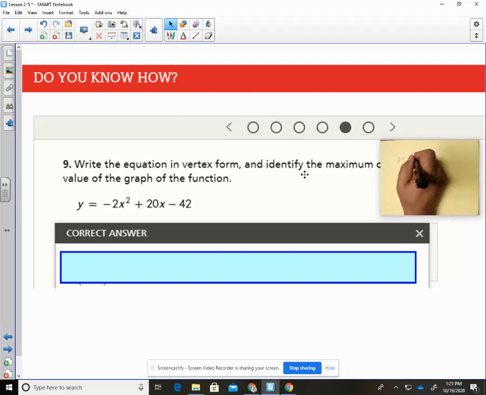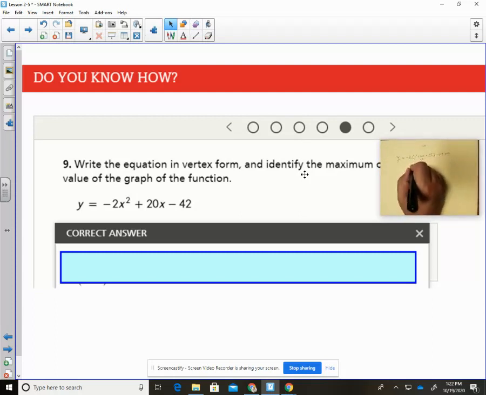So it's negative 2 times x squared plus 10x plus something minus 42. Now, here, half of 10 is 5. You square that, it's 25. So what are you actually doing? It's negative 2 times 25, which is negative 50. So if I'm taking away 50 from the right, I need to add 50 to keep it balanced.